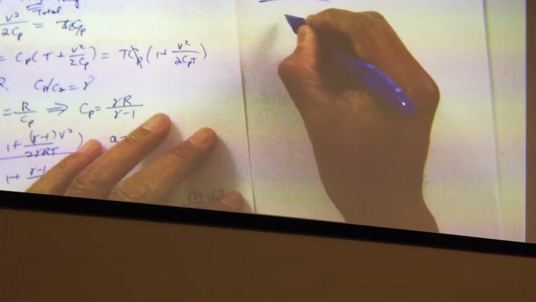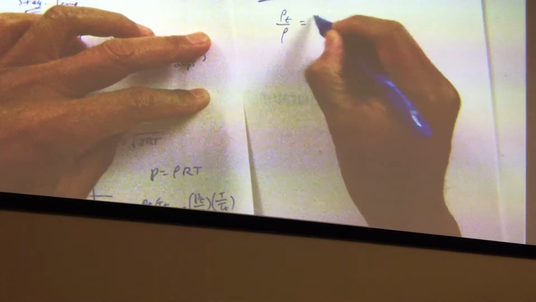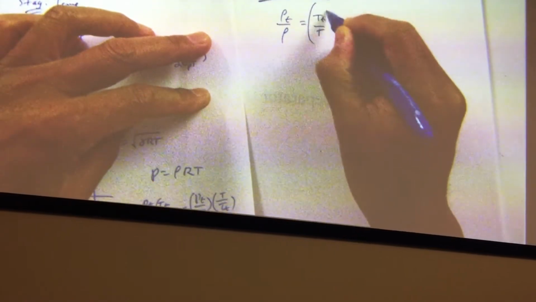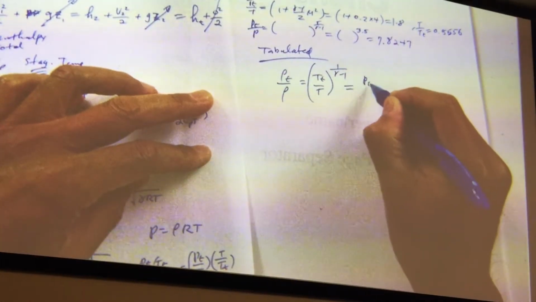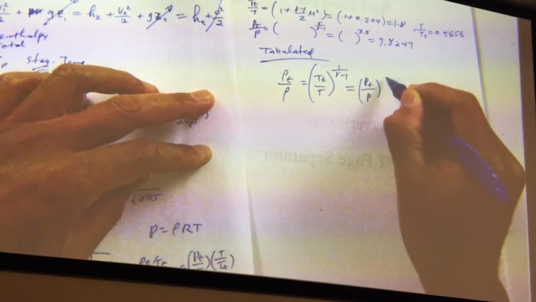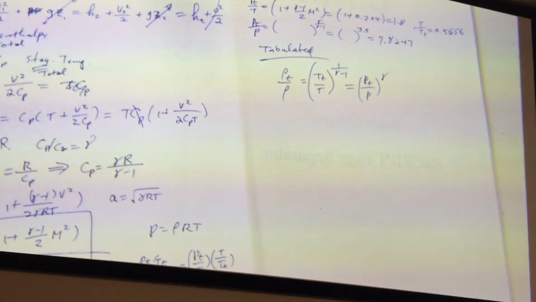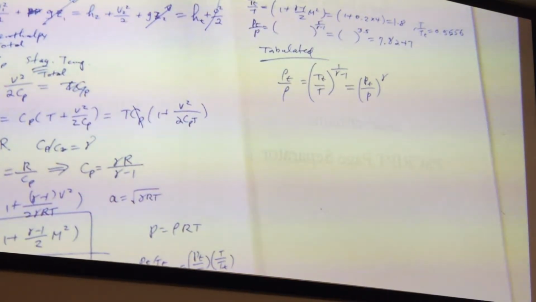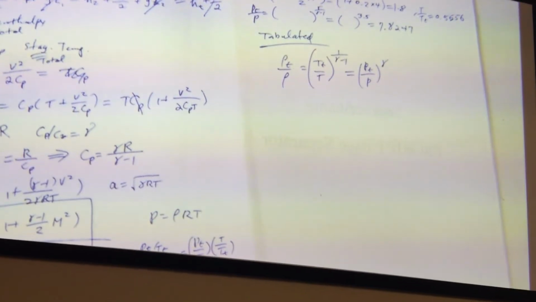Okay, last line will be rho_T over rho equal to T_T over T to the power 1 over gamma minus 1, which is equal to P_T over P to the power of 1 over gamma. What's important here is not so much to memorize it, but just in case you forget, you know how to derive it.